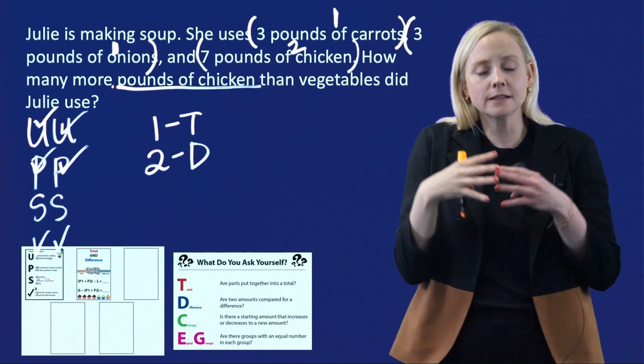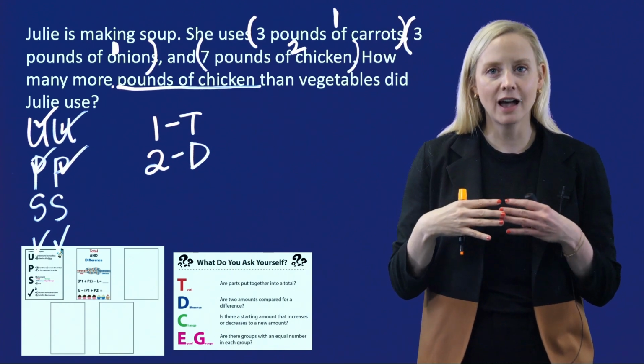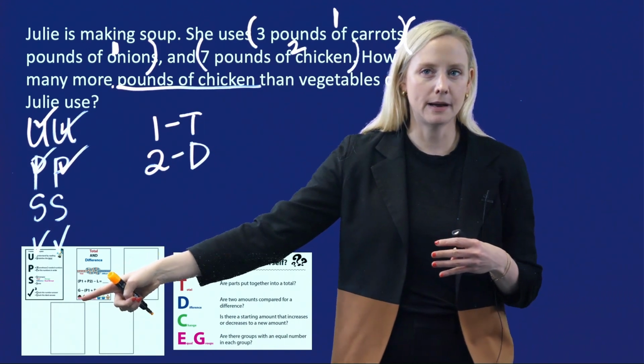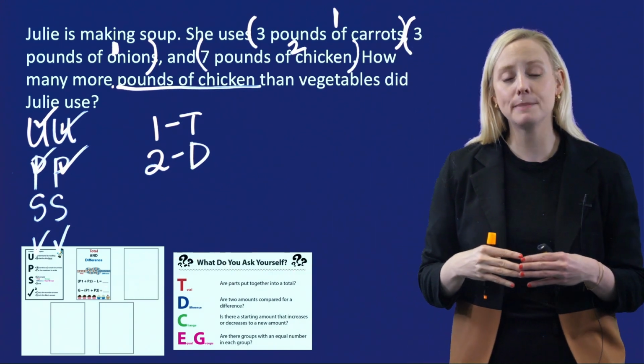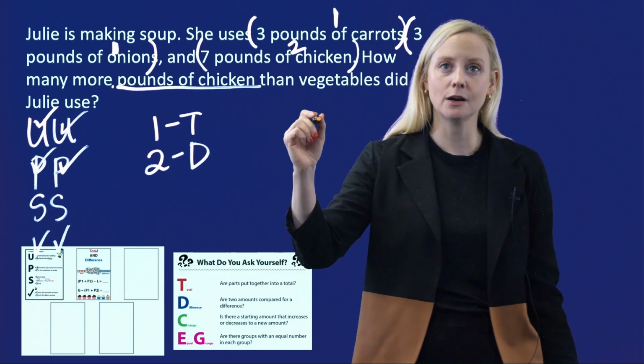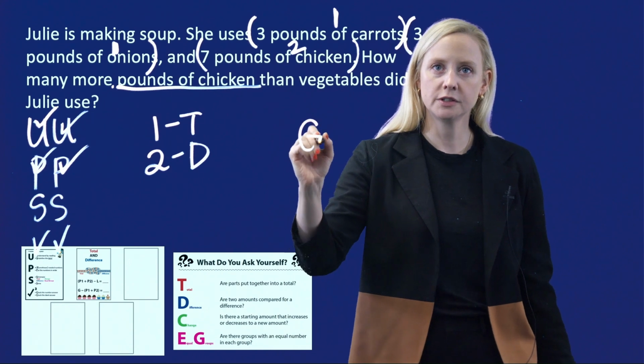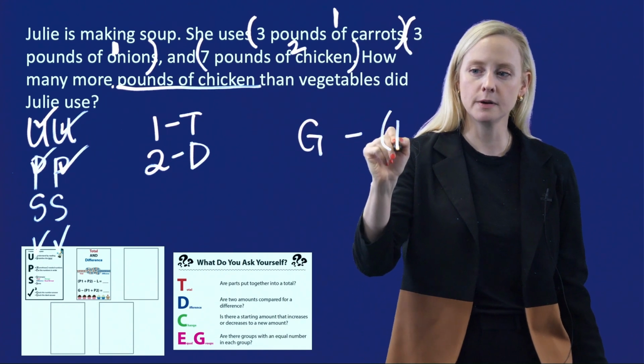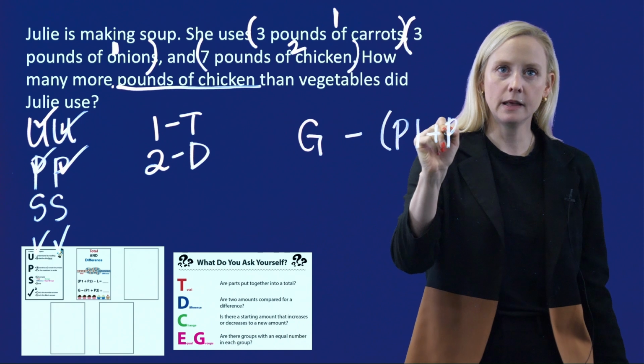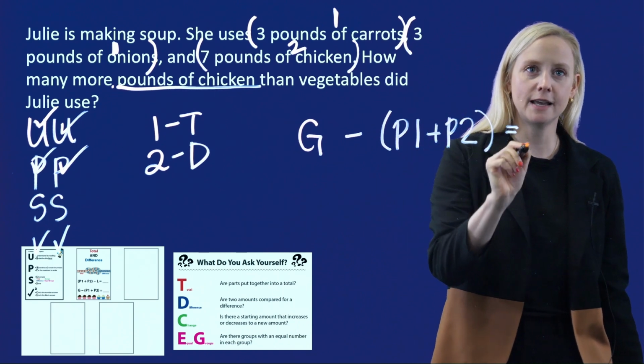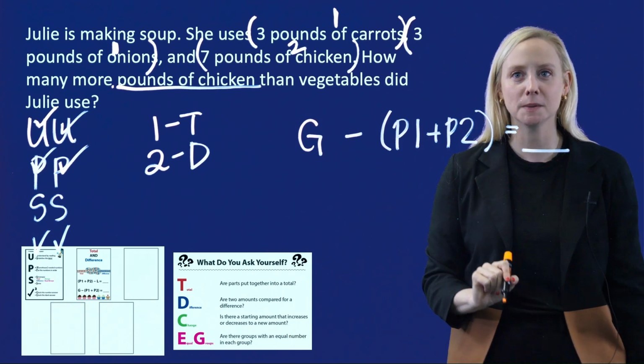So I know the numbers I'm combining are less than my greater amount. So here, because my combined amount is less, I'm going to use my second equation, which is G minus, open parentheses, P1 plus P2, close parentheses, is the same as blank.